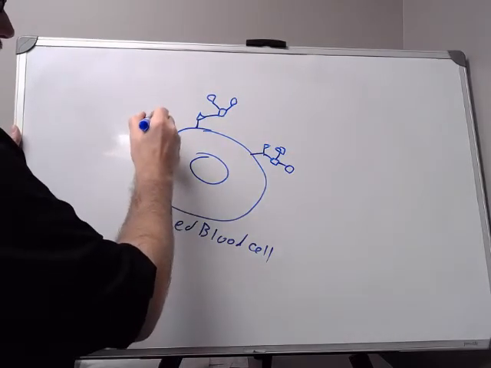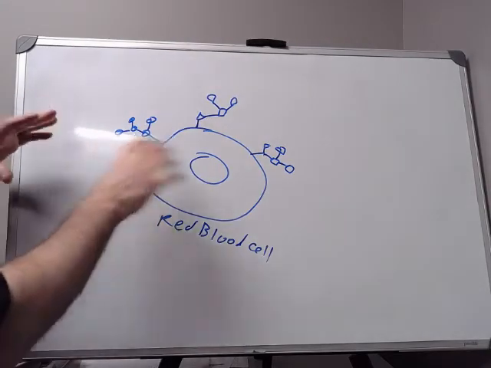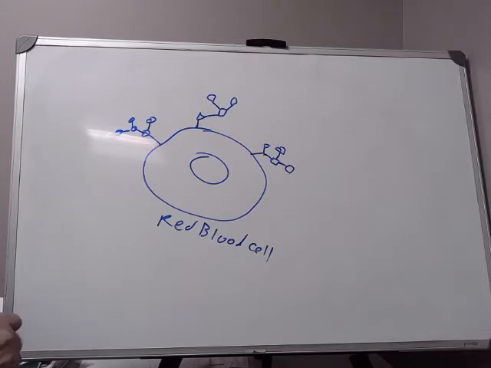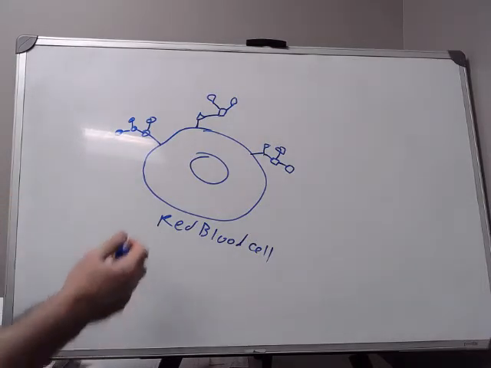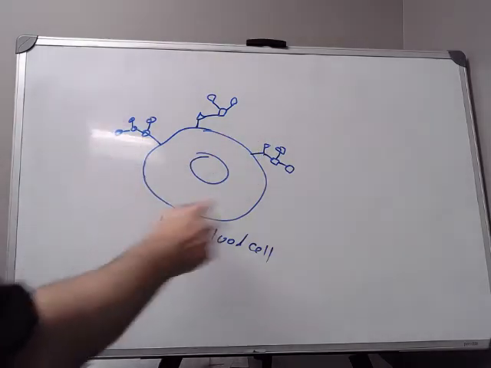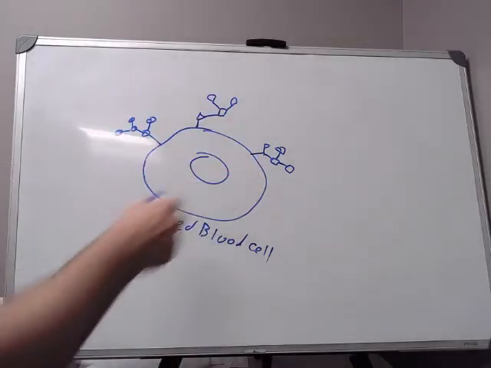And the different oligosaccharides found on the surface of the red blood cell determines your blood type. And so an A blood type would have a certain mixture of oligosaccharides present on the surface, and a B blood type would have a different mixture of oligosaccharides present on the surface.